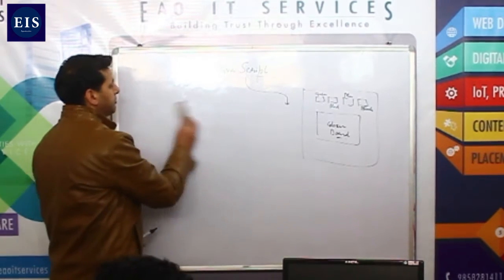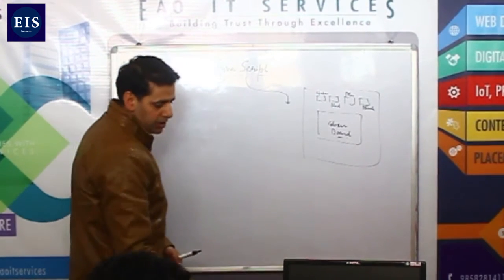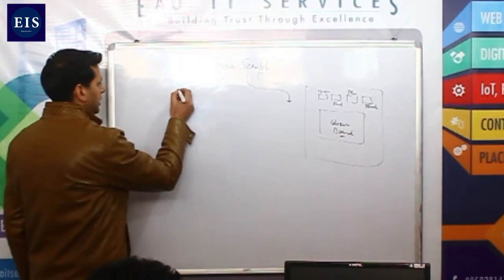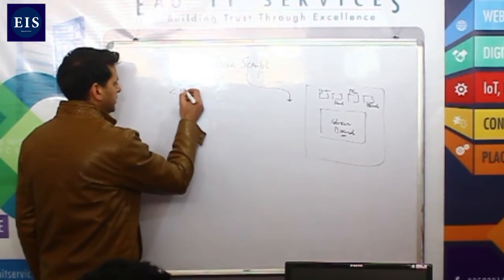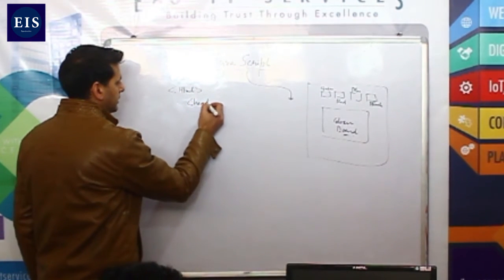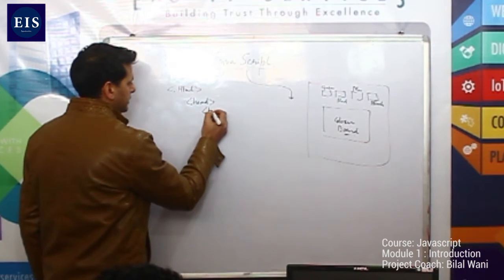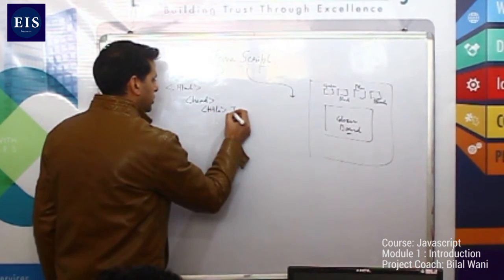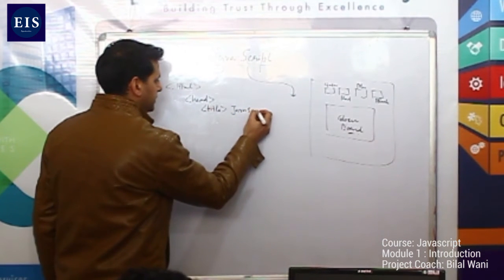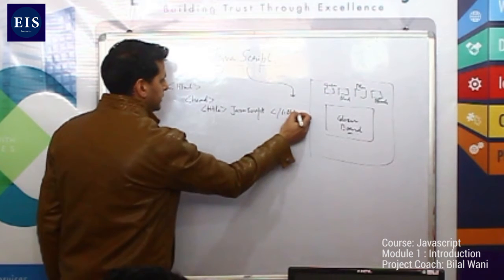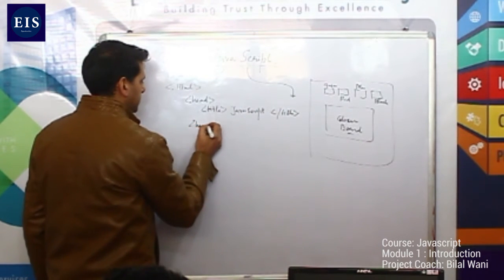Now let's write a simple script program for a beginner to understand how to use JavaScript. Let's say we have a normal HTML, then you have a head tag here, and a title, JavaScript, and you close the title, you close the head.